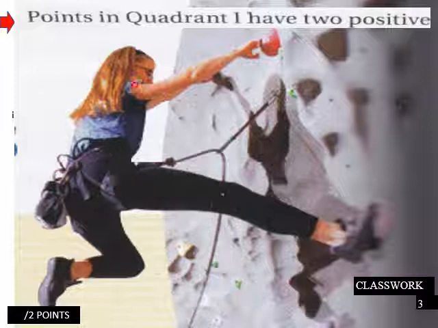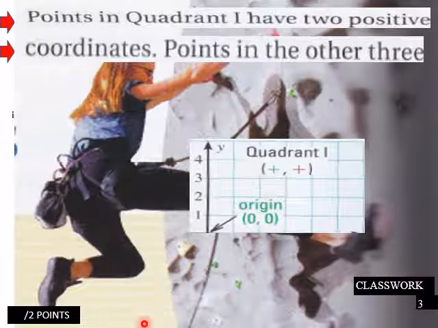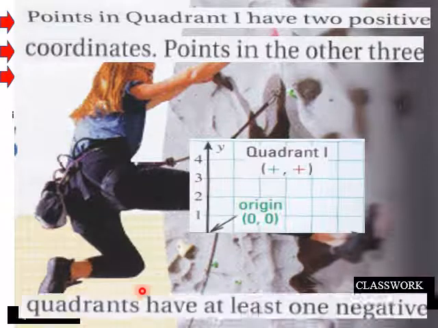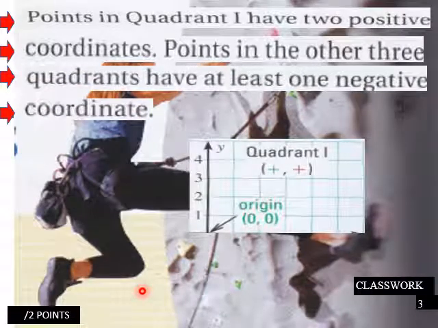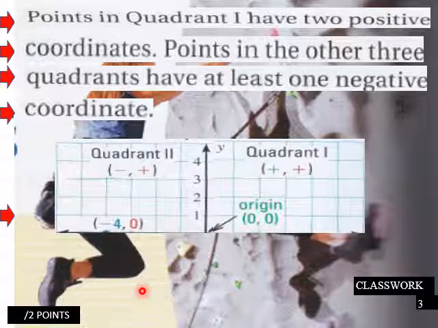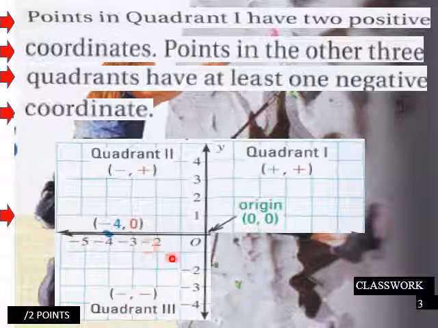Classwork page 3. Points in quadrant 1 have 2 positive values. These are all positive here. Points in the other 3 quadrants have at least 1 negative coordinate. Quadrant 2 is negative, positive. Quadrant 3 is negative, negative.